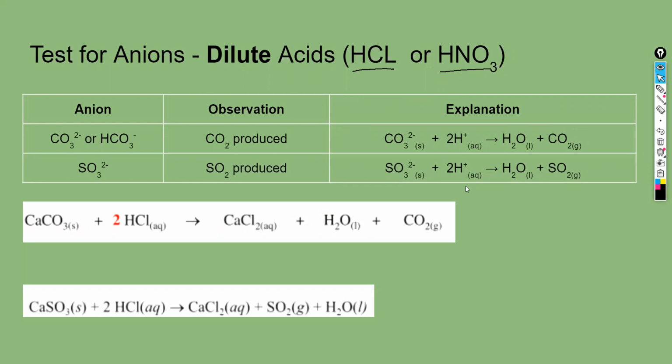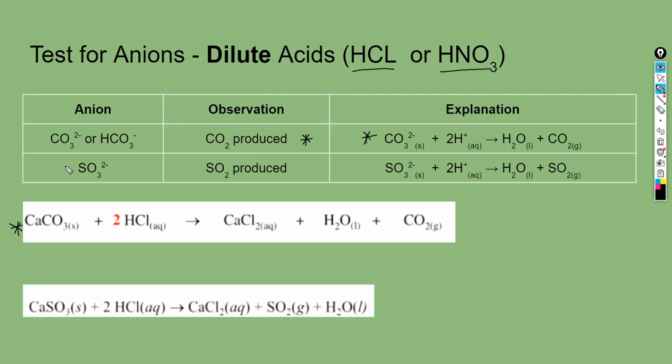If it's carbonate or hydrogen carbonate and you add any one of these acids, you're going to get carbon dioxide produced. Here we have the ionic equation, and here we have an example of the full equation, and it's balanced already.